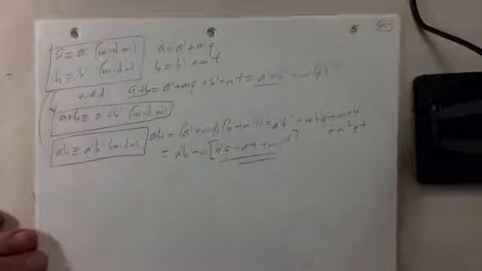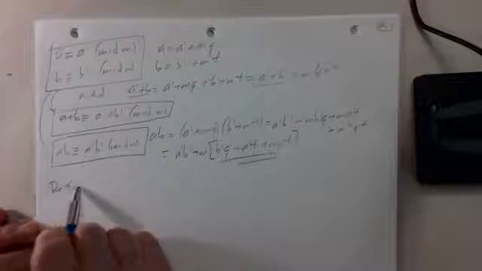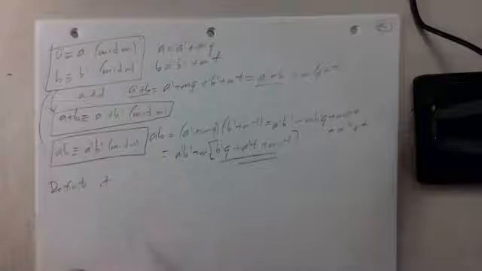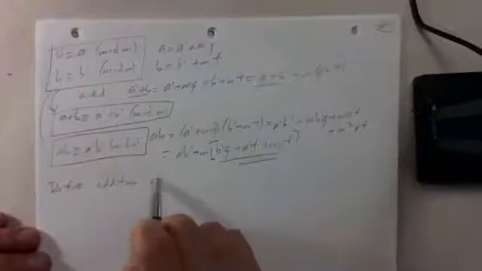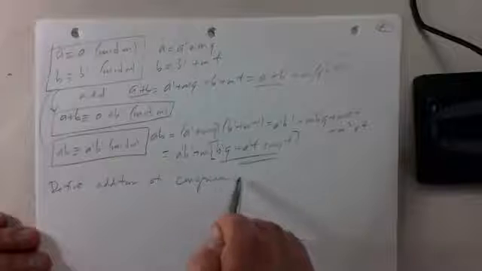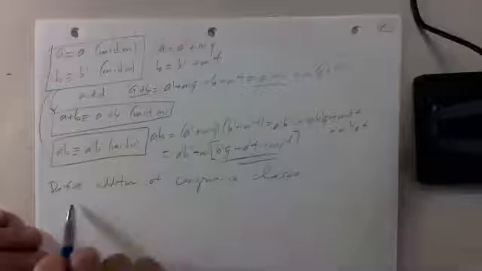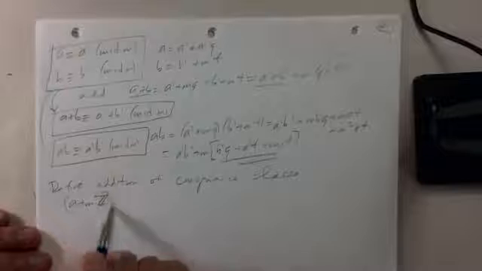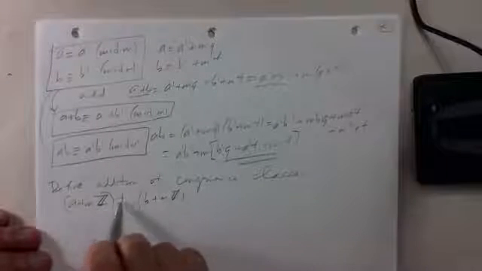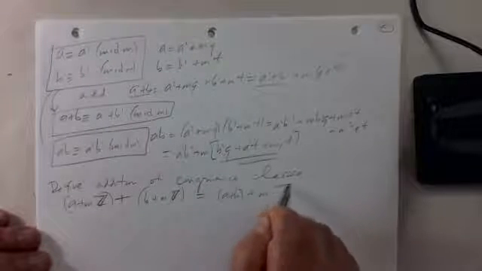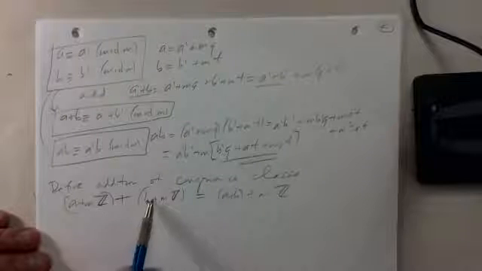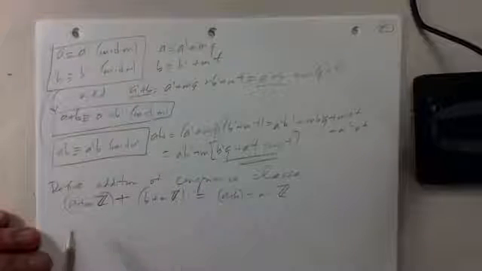And from this, we can define addition of congruence classes. You have the congruence class of a plus mZ and the congruence class of b plus mZ. The sum we can define to be the congruence class of a plus b plus mZ. So this congruence class plus this congruence class added together we define to be this.